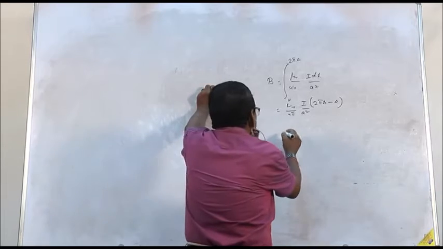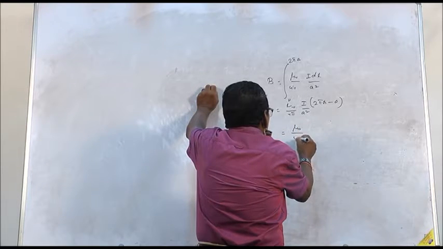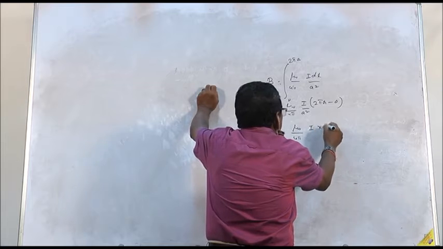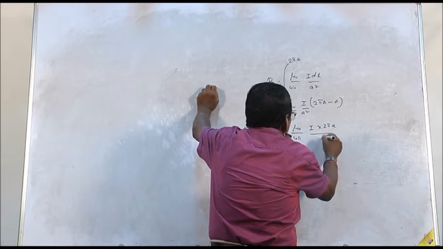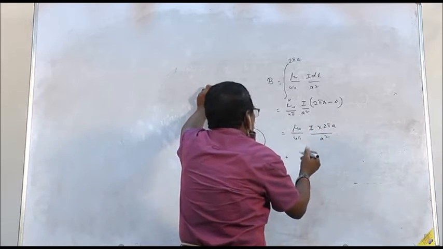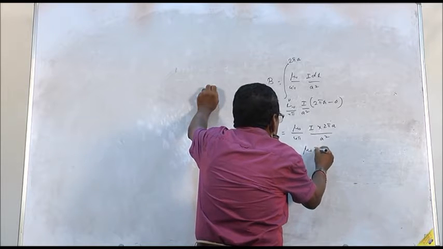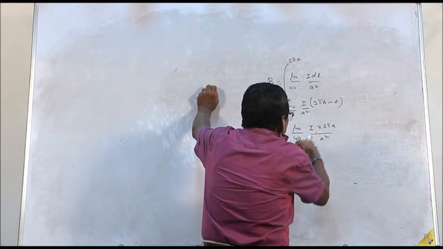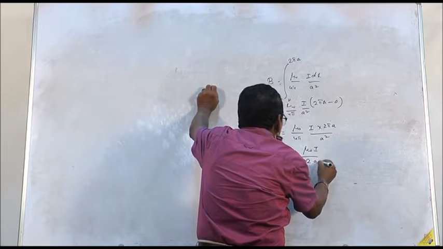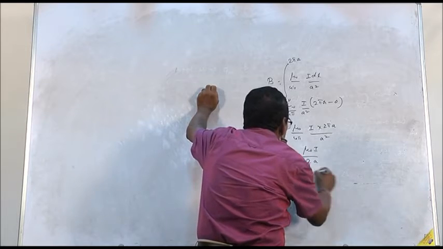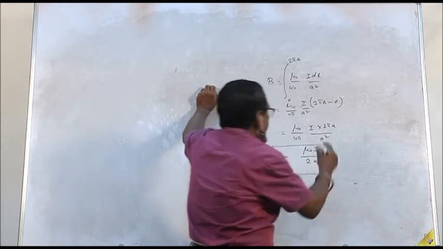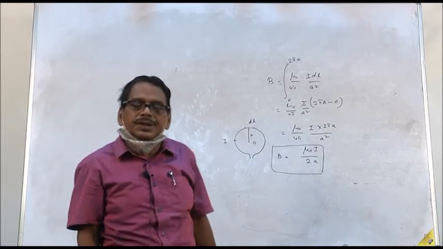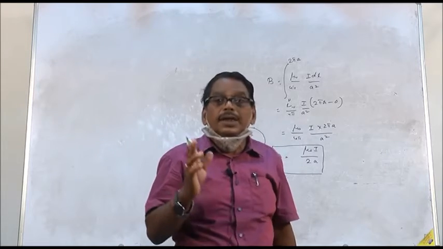This is equal to mu 0 by 4 pi I into 2 pi A by A square. So, this becomes mu 0 I by 2A, where 2 pi by 4 pi gives 1 by 2 and A cancels. So, this is the expression of flux density at the center of a circular coil carrying current.